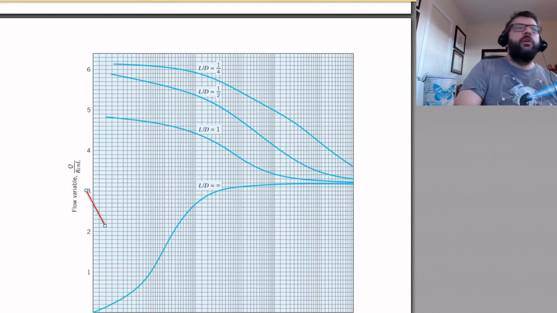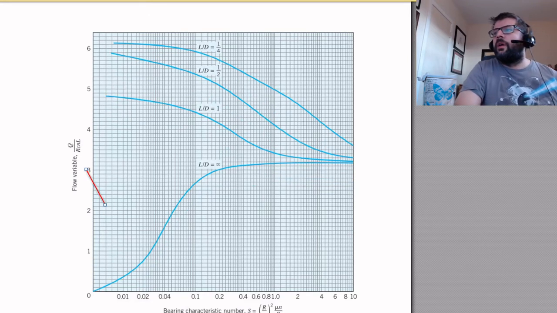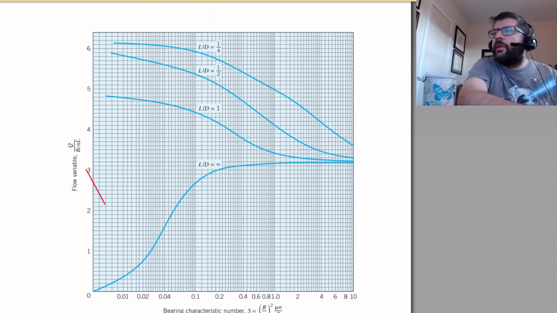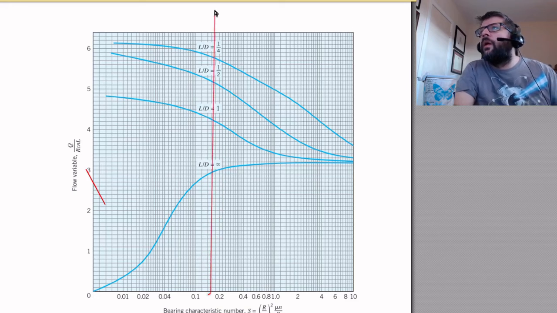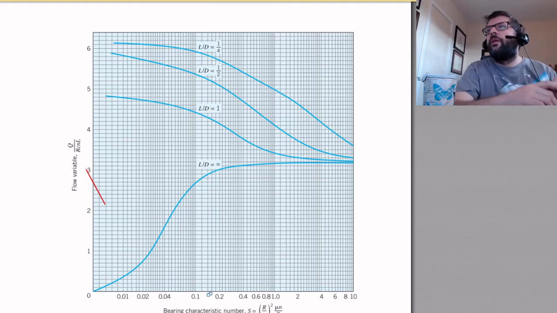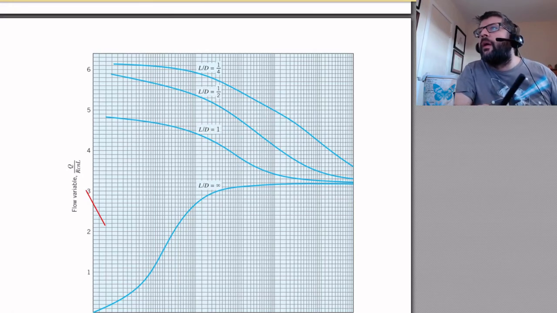So our flow variable, once again, that was a bit off center. Let's try it with the mouse.